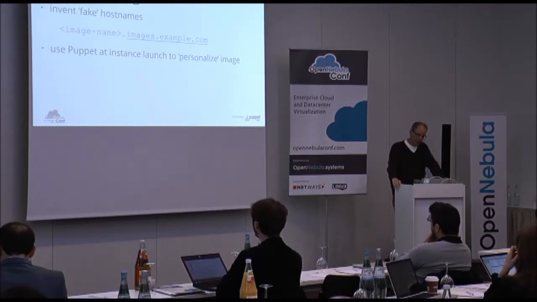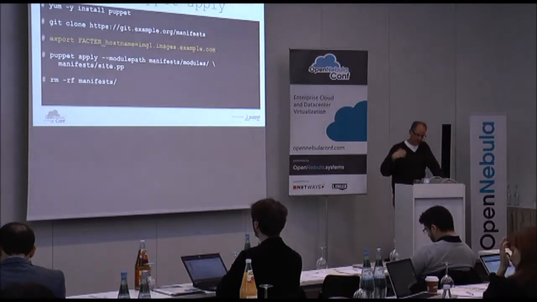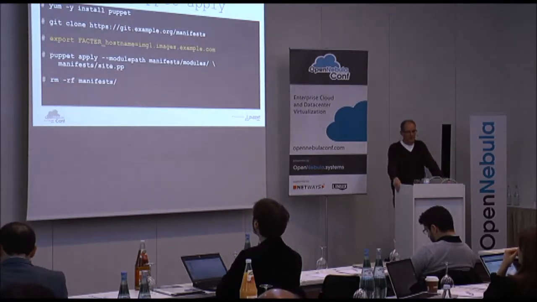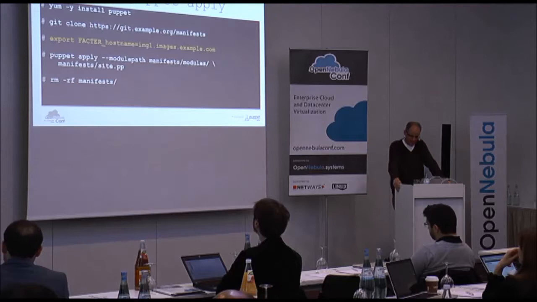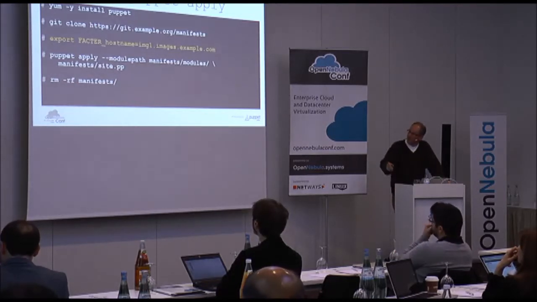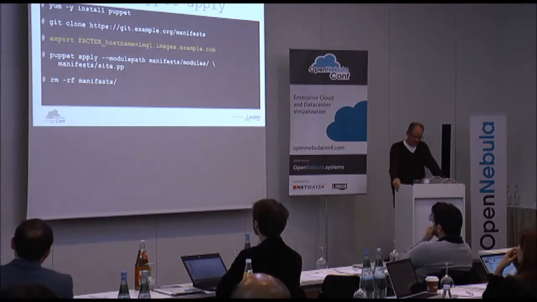So there's two general ways that you can use Puppet to build images. One is during the image build, you run something called Puppet apply, which gives you basically a command line client, the command line interpreter for Puppet manifests. The orange line is the one where you give the fake name for your image build.